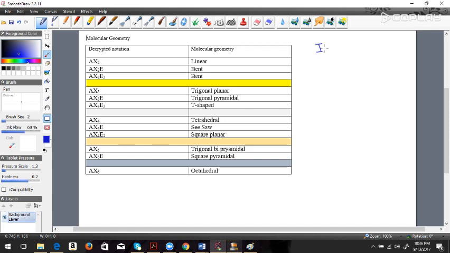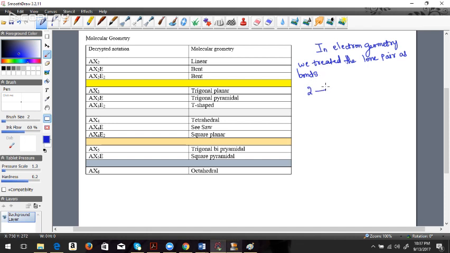in electron geometry, we treated the lone pairs as bonds. So we always ended up with 2, 3, 4, 5, and 6.